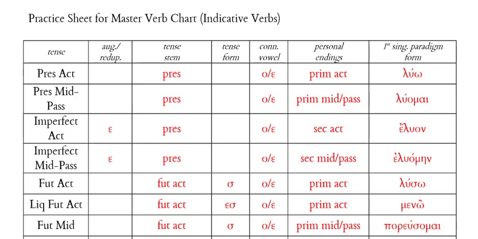Under 16.16, Mounce introduces us to what's called the master verb chart. The master verb chart is basically going to be a synopsis of all of the indicative mood verb tenses, active, middle, and passive, where if you will learn what applies for each tense, you'll be able to basically reproduce any verb in Greek that follows the pattern.